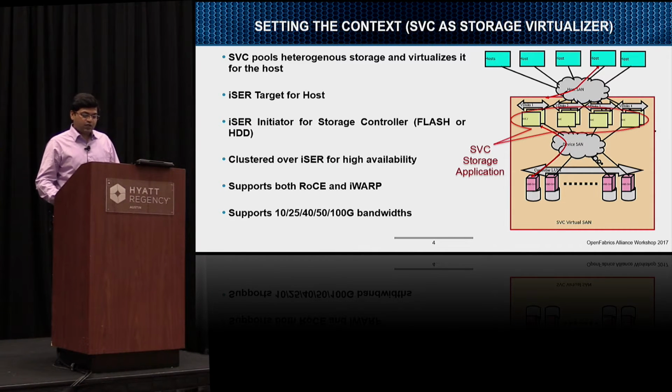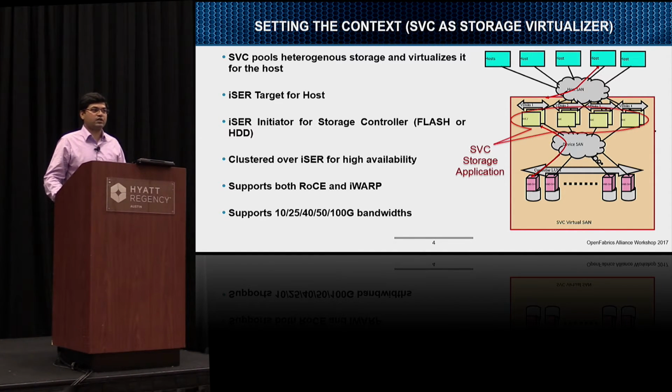The primary use case that we are targeting for ISER in our first release is clustering. Our application is clustered for high availability, and we want a low latency network to be able to cluster our nodes together. ISER was our choice to implement that capability.